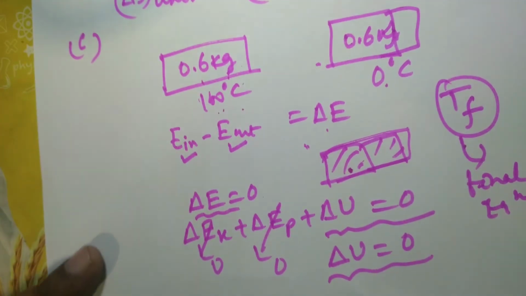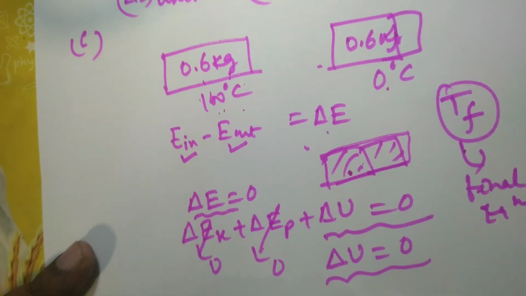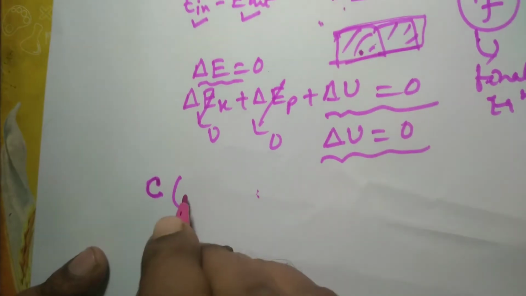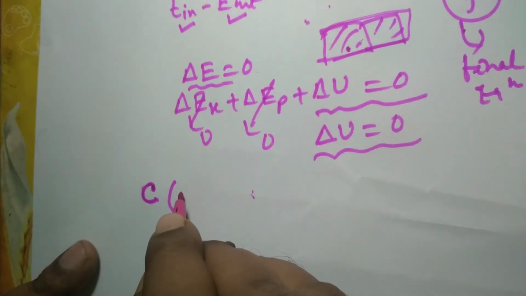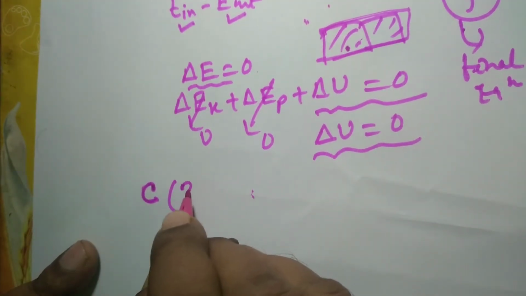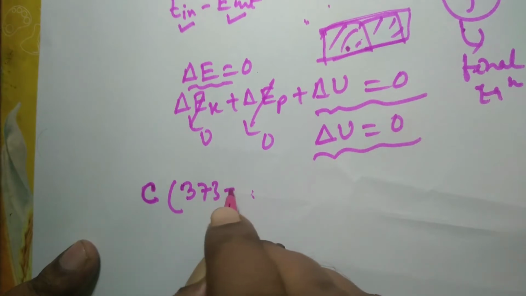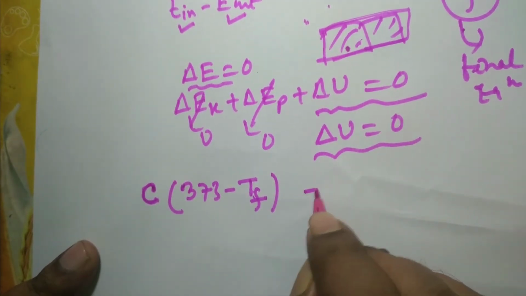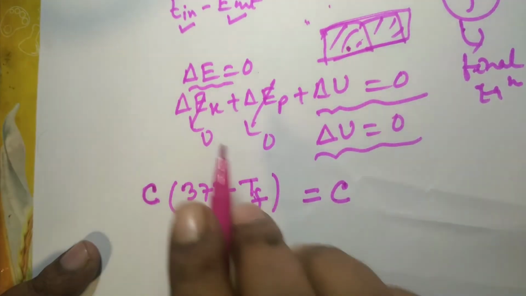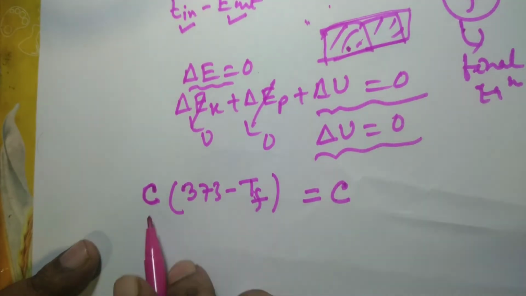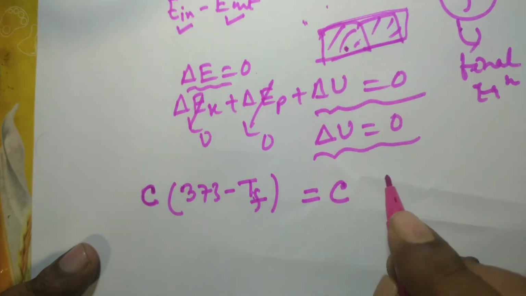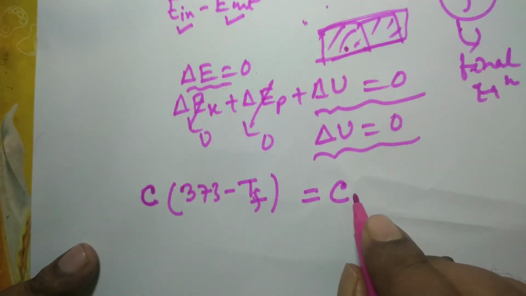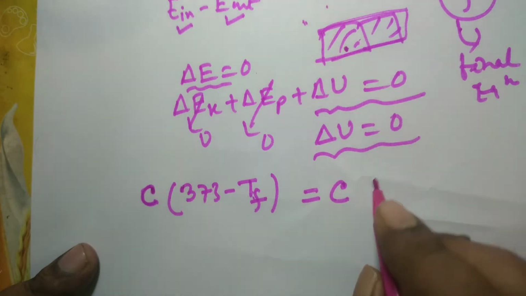That means C, the product of mass and specific heat, times T1, which is 100 degrees Celsius or 373 Kelvin, minus Tf, is equal to C times Tf minus 273. The specific heat capacity remains the same for both cases, because the masses of both blocks are the same and both are made of the same material, copper.